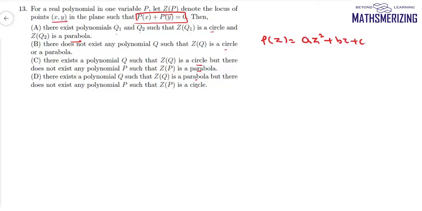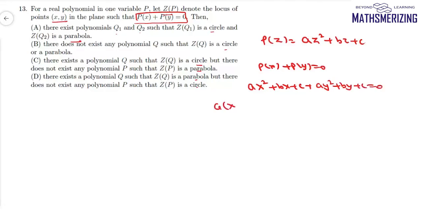So now the given condition is P(x) plus P(y) is equal to 0. If I write P(x), there will be ax square plus bx plus c, and P(y) is ay square plus by plus c, equals 0.